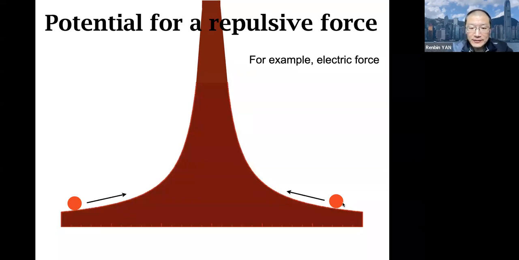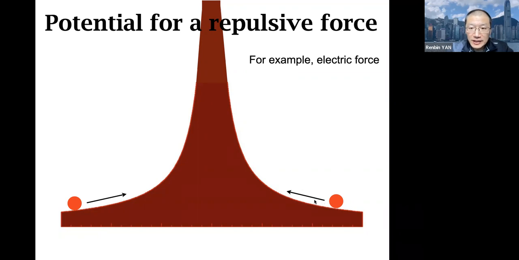If you give them two initial velocities and have them run towards each other, it's like they're running towards the peak of the mountain from two sides. And the closer they get, the larger the tendency to get pushed apart, right? The larger the force pushing them apart.